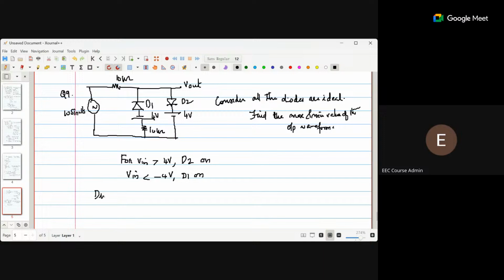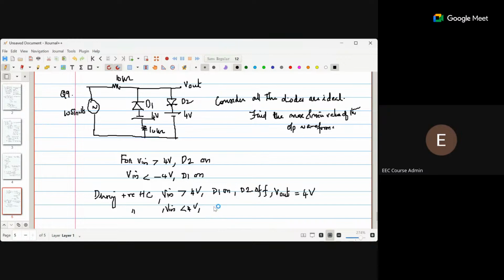So during the positive half cycle, for V in greater than 4 volts, D1 on and D2 off, and V out will be 4 volts.